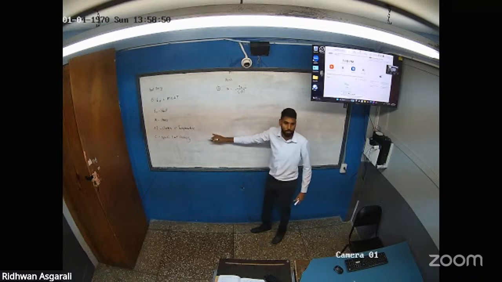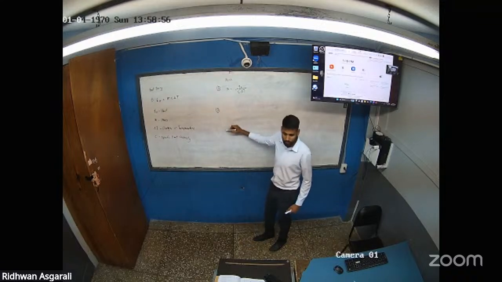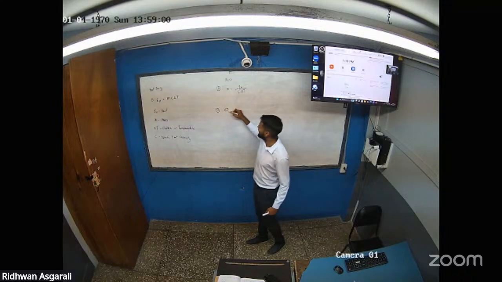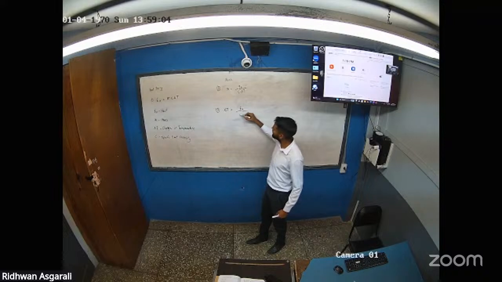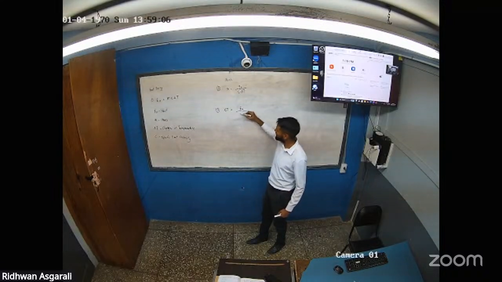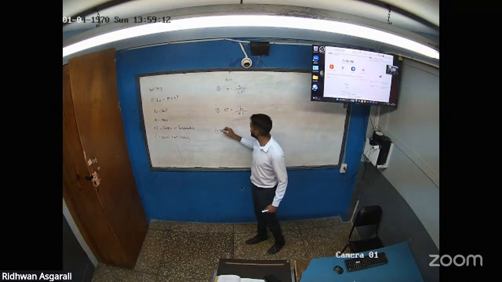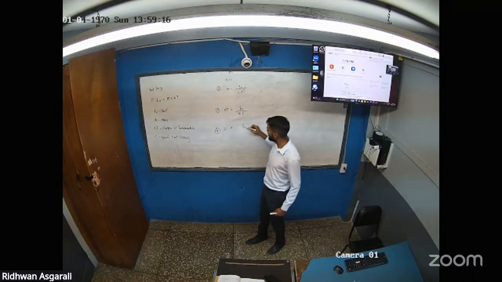What's the other formula we learned? Change in temperature. And that formula was heat energy divided by mass times specific heat capacity. And the last one that we did was to find specific heat capacity, which is heat energy divided by mass times change in temperature.